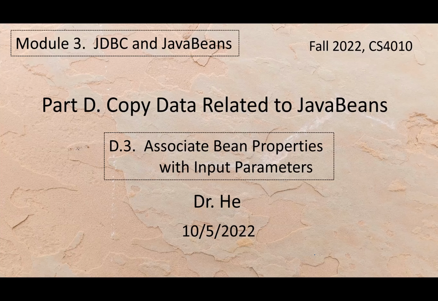D.3, associate bean properties with input parameters. That's the way of data binding, the way to copy data between bean properties and input parameters.